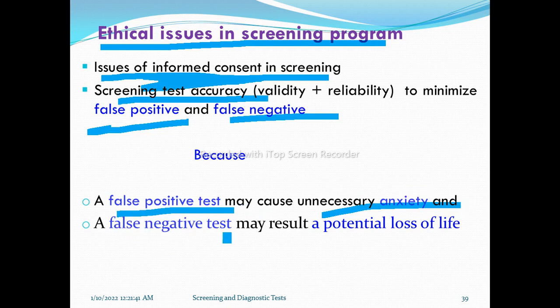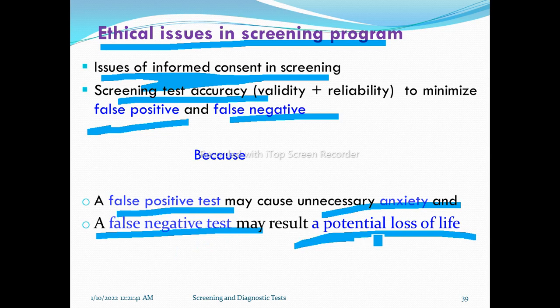The other is that a false negative test may result in loss of life. For instance, a patient has the disease, but due to a false negative result you tell him he does not have the disease.